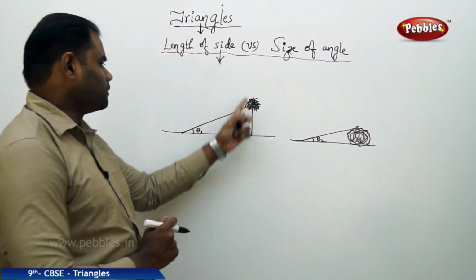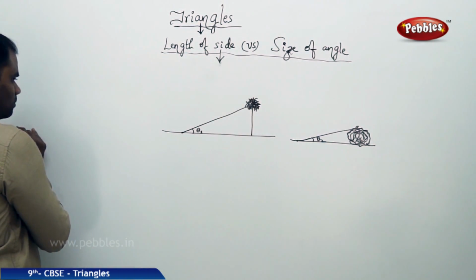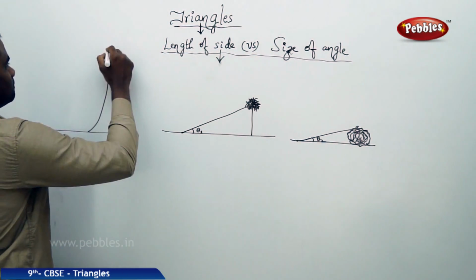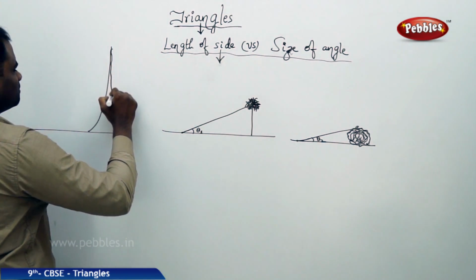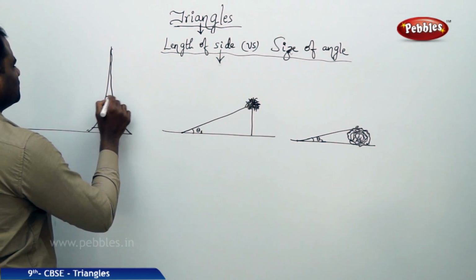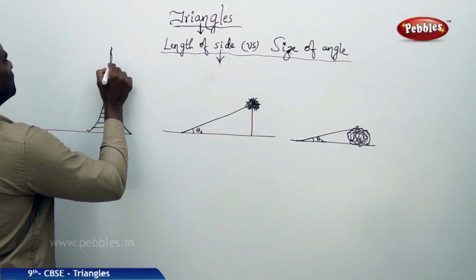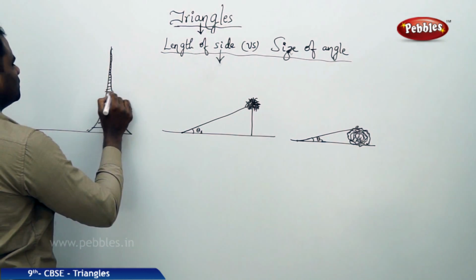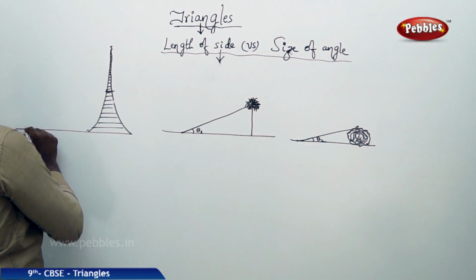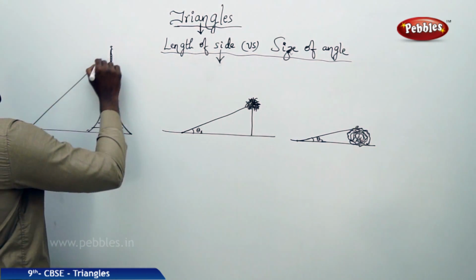Here is the palm tree, and say I have one more case where I have an Eiffel Tower out here, and I'm at the same distance watching the top of the Eiffel Tower.